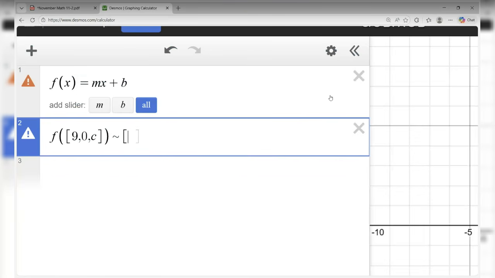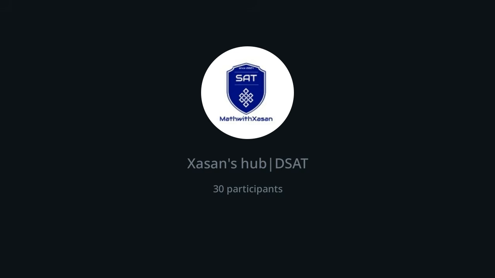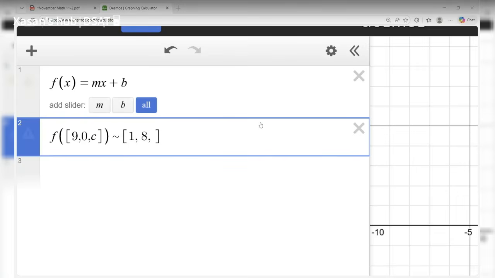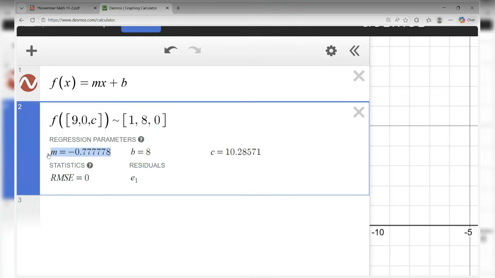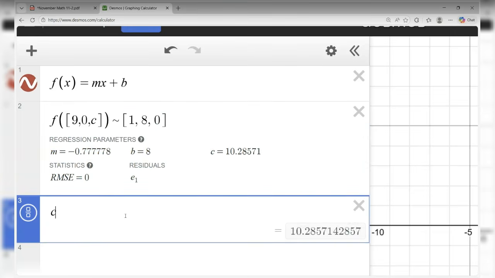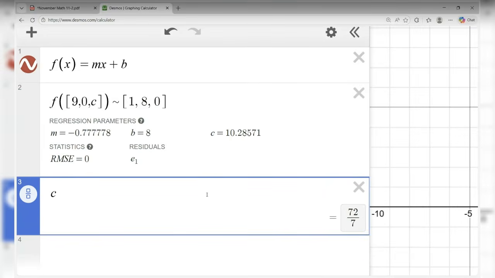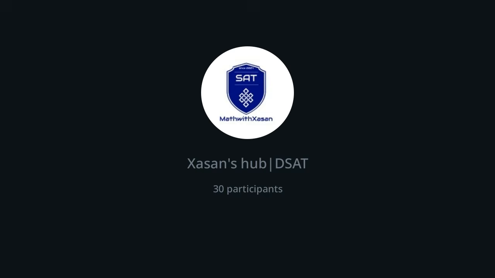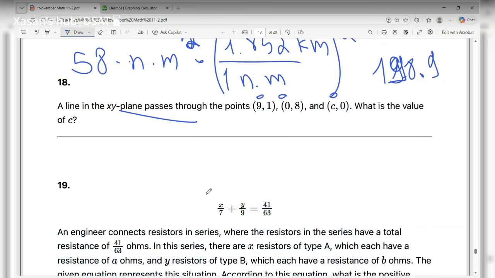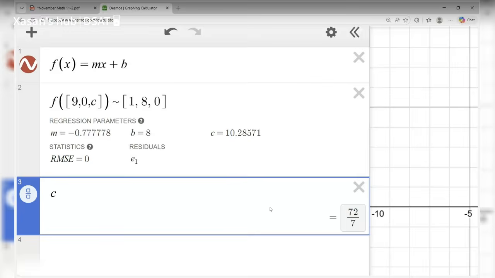And here, guys, write the corresponding y coordinates, which are 18, 18, and then 0. That's all. M is this, b is this, and the value of c is something like this. Just write c, and you can get the fractional form, guys. We are just finding everything at once, and the value of c now equals 72 over 7, which is that number.